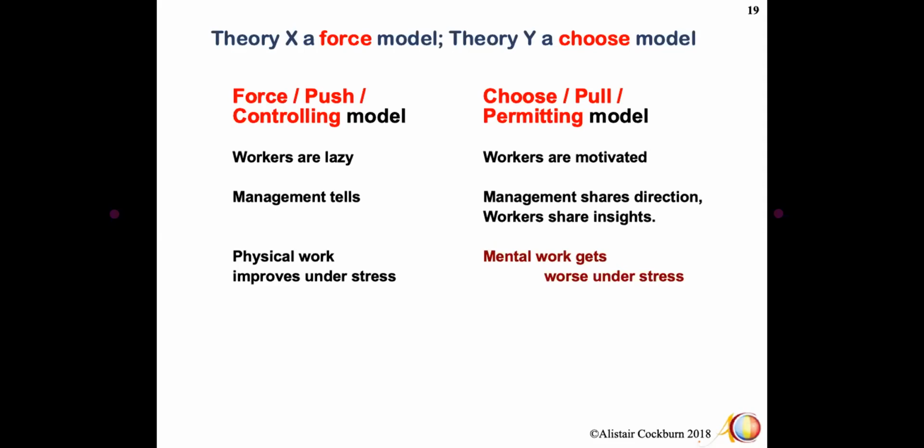Theory Y was coined as a phrase when the view was that workers are not lazy, they're motivated, and mostly what you need to do is give them the means to do what they should do, and they'll be happy to do that. So I call that a choosing model or a pull model. One's a forcing and the other's a choosing, or one's a pushing and the other's a pulling.